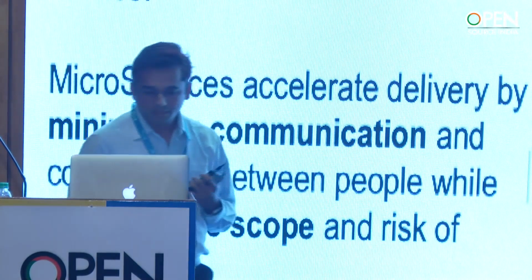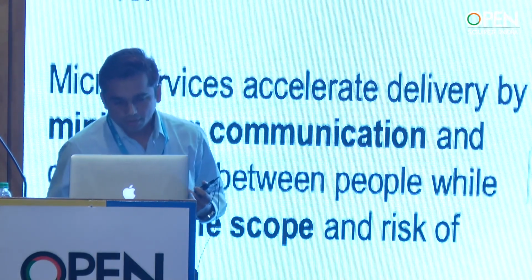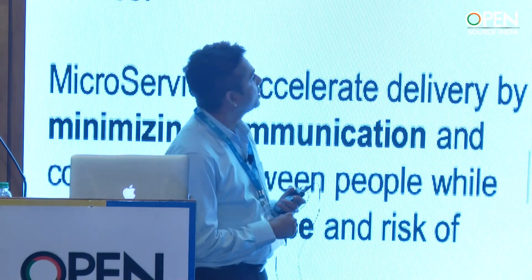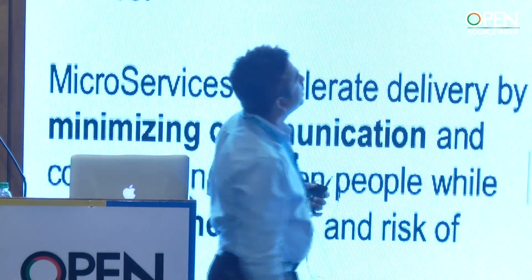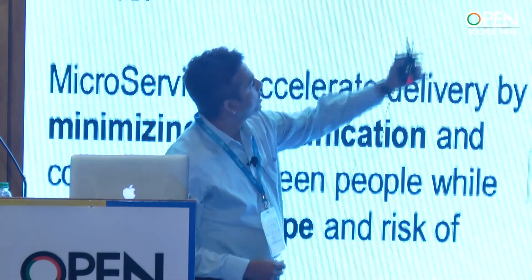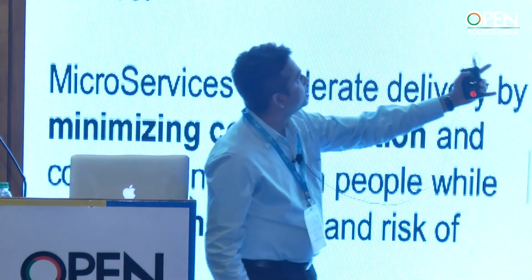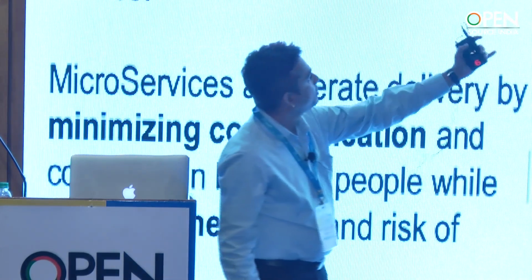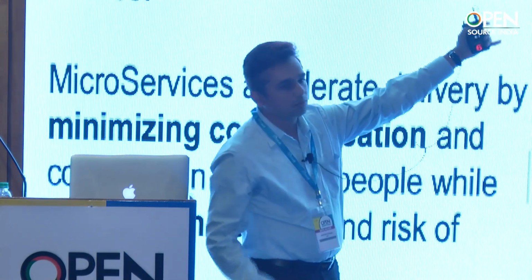Here, on the left hand side, I am depicting one monolithic application, where you have one big app, and it will have several different components or modules, and it will be managed by one big team. So here the difference is when you want to do some updates. Here I'm just taking an example of version 2.